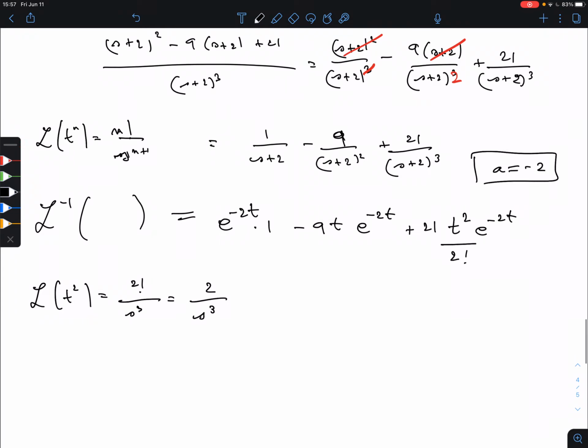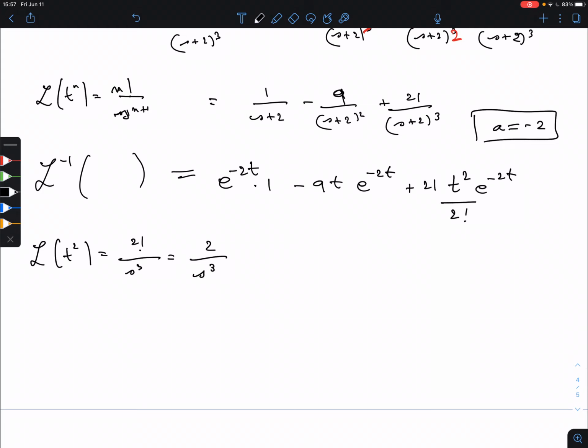So this means that a half L of t squared is 1 over s cubed. So the inverse Laplace transform of 1 over s cubed is a half t squared. So we have to compensate by that factorial again. So that's what we get here.